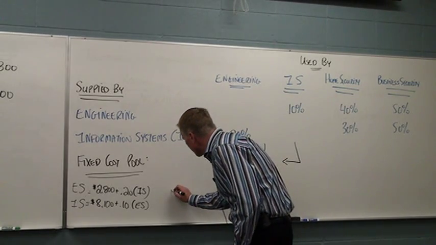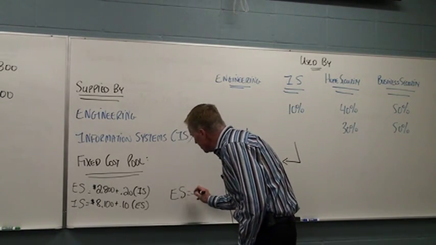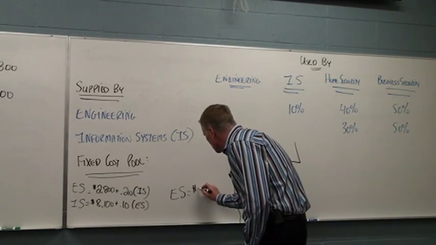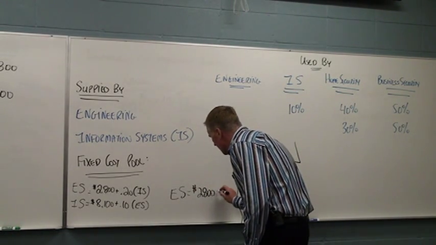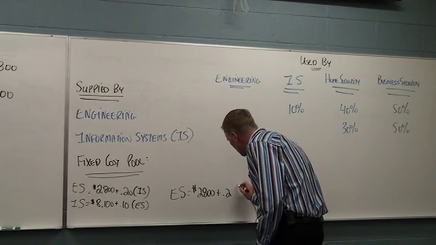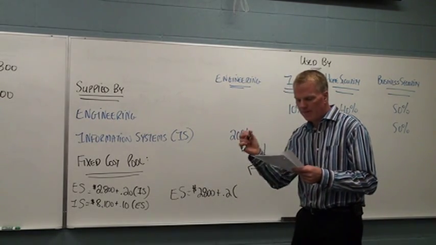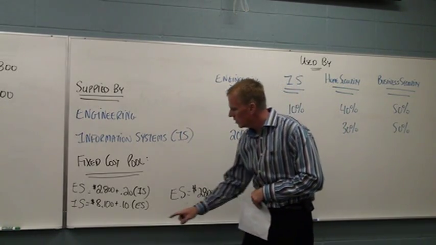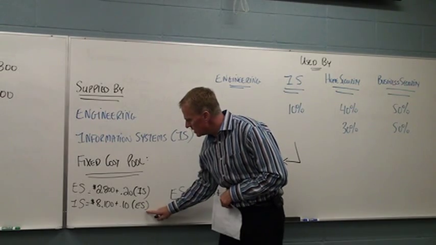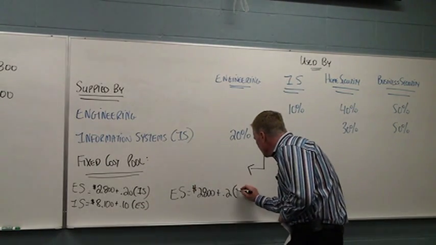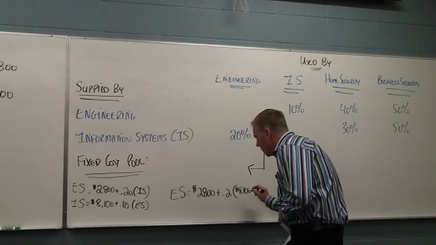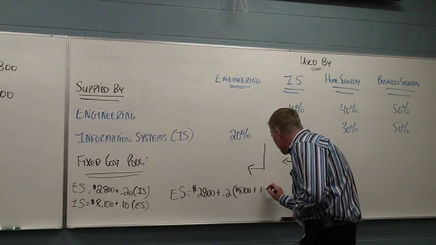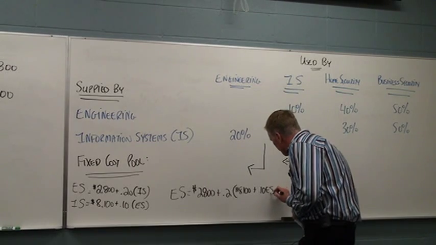So here's an example of what I'm talking about. What we can do is solve for the engineering support first. So 2,800 plus 0.2 of information systems. Well, what does information systems equal? Information systems equals this: 8,100 plus 0.1 ES.